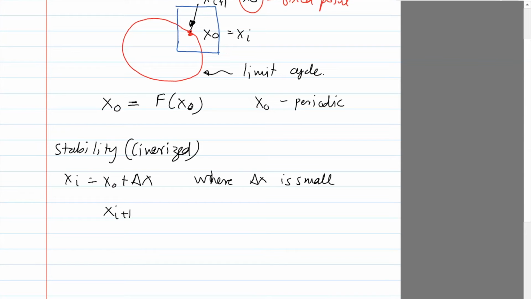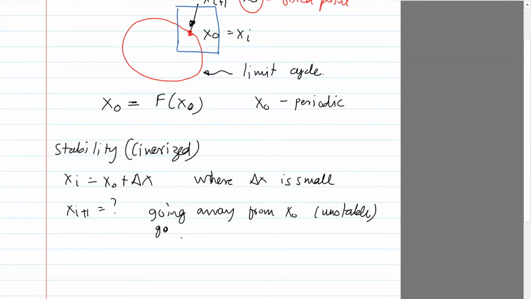Instead of starting at x0, you started at x0 plus delta x. And then you ask, what happens to x_{i+1}? Is it close enough to x0 or not? If it's going away from x0, then the system is unstable. If it's going towards x0, then the system is stable.